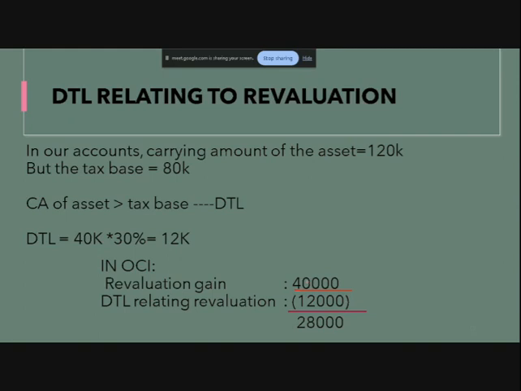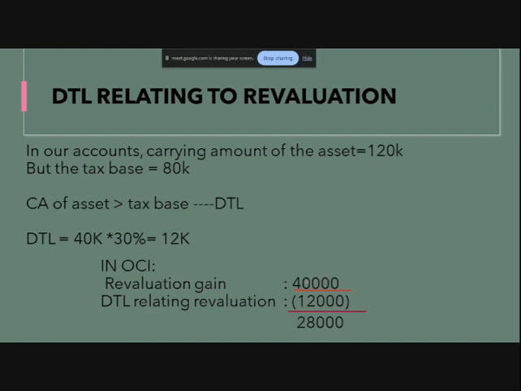Basically, because the revaluation was there, we have an additional tax to be paid, 12,000. If that revaluation was not there, there wouldn't have been any temporary difference. The tax base would have been 80K, our carrying amount would have been 80K, no liability, it's just equal, right?